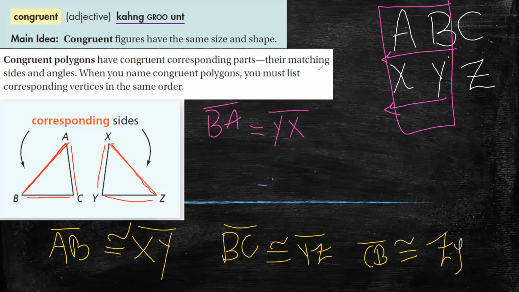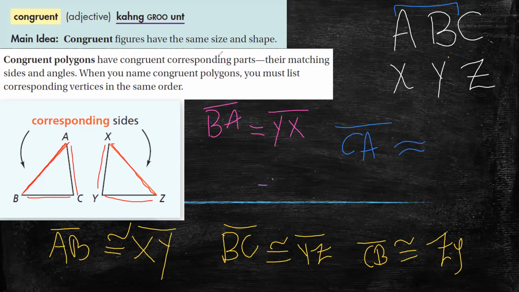So you will say BA corresponds to YX. Now, if I ask you CA, where is C? Here now, CA. You will say CA corresponds to ZX. So CA corresponds to ZX.